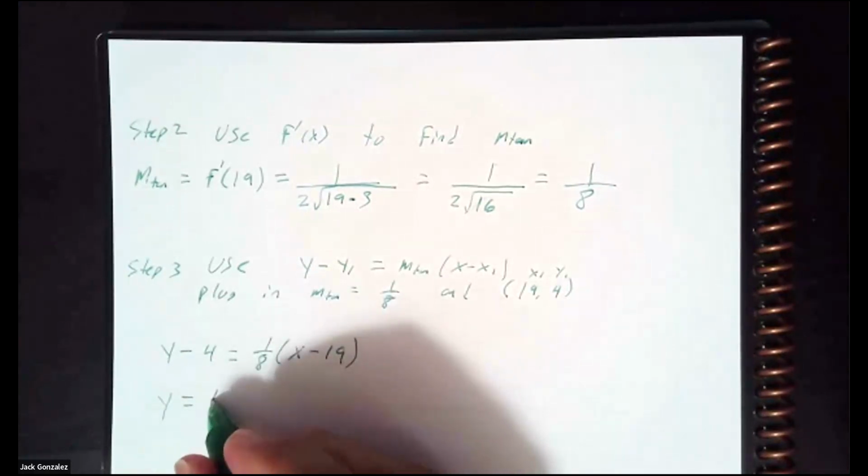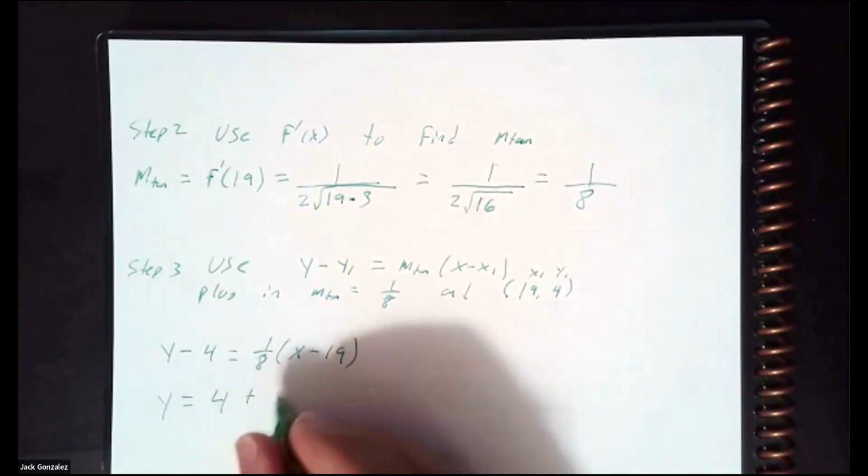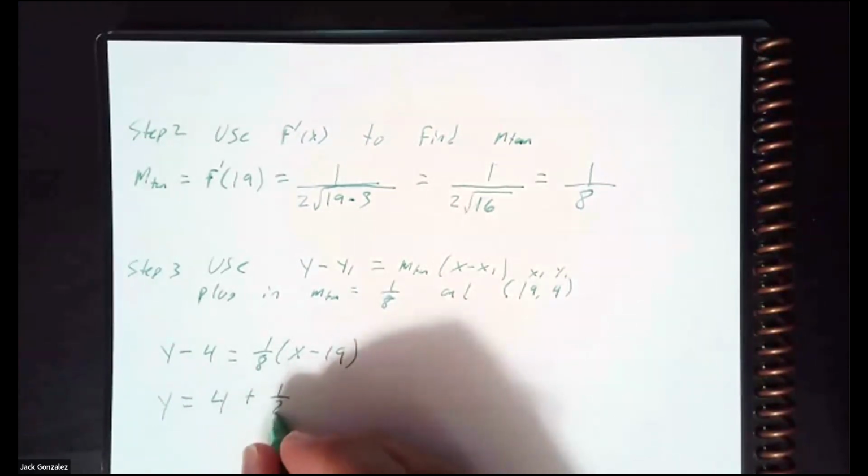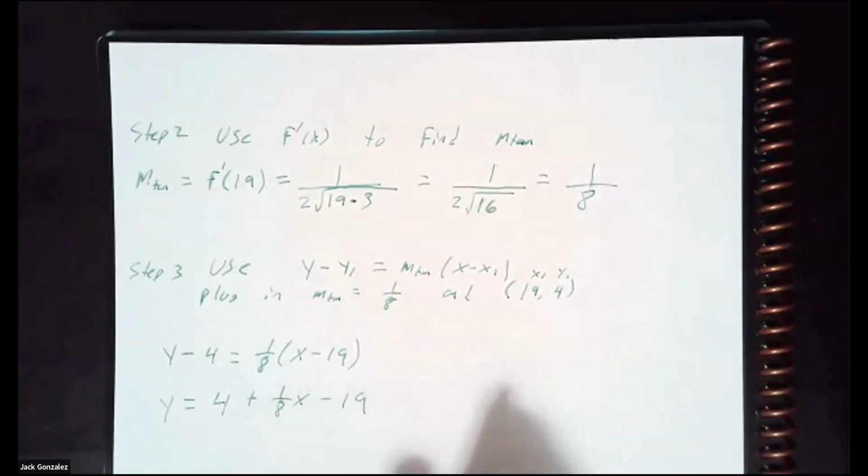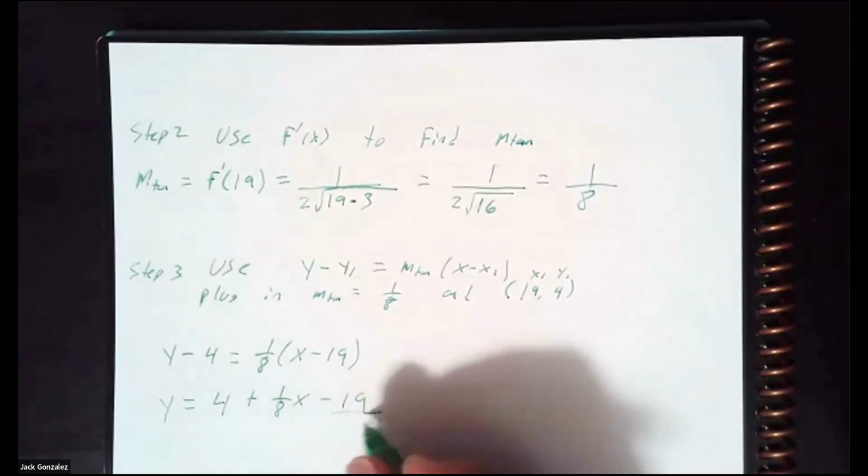So solve for y. Add 4, then distribute. Add the 4 minus 19/8.